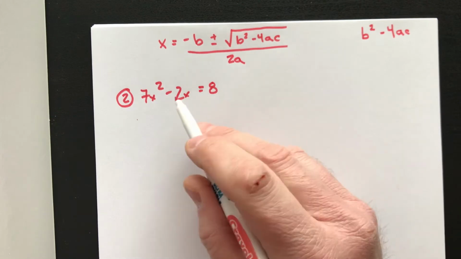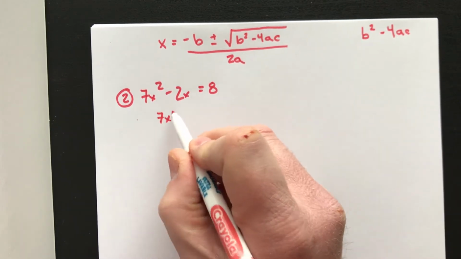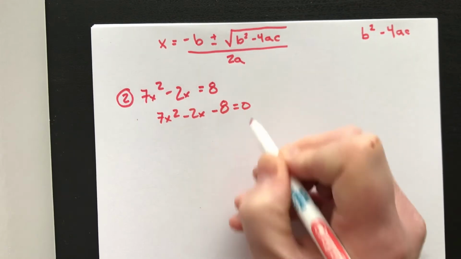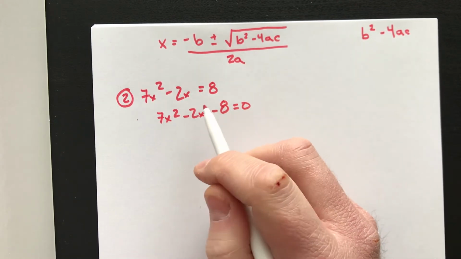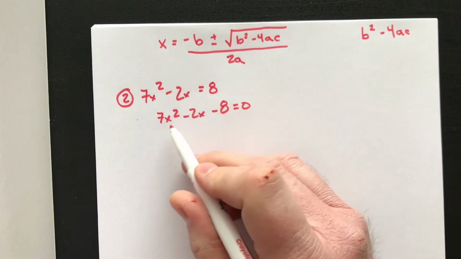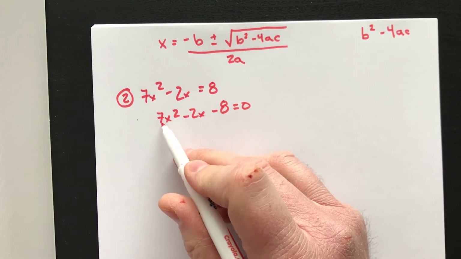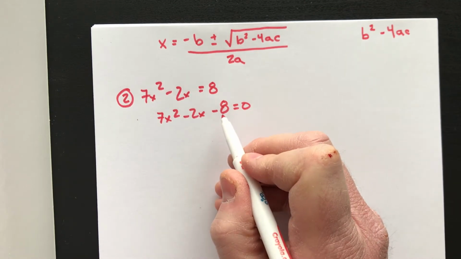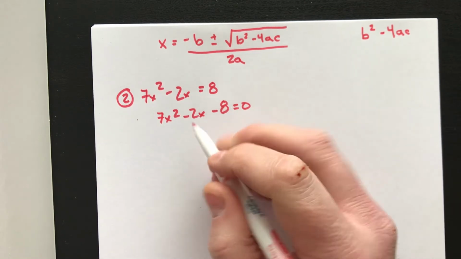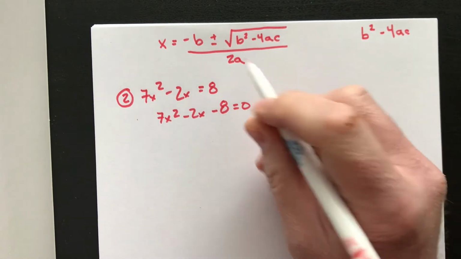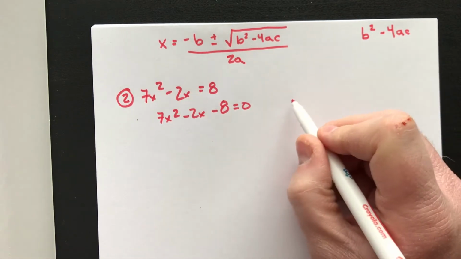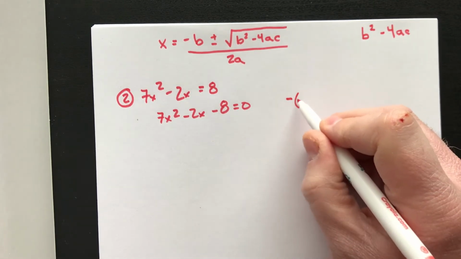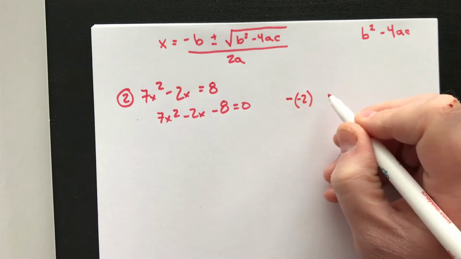So I wanna get everything to the left side, all right? So I got everything to the left side. Now I can use quadratic formula. The 7 is considered my A, the -2 is my B, and the -8 is my C. So if I do the quadratic formula, it's -b, all right? So a negative, my B is already negative, so that's eventually going to turn into a positive.